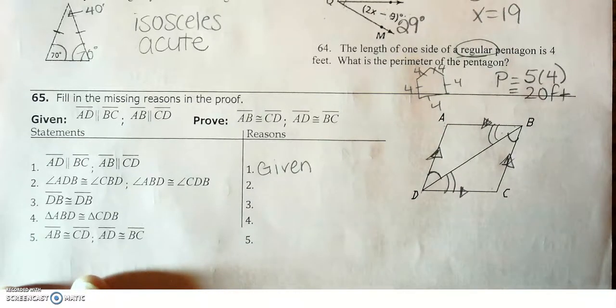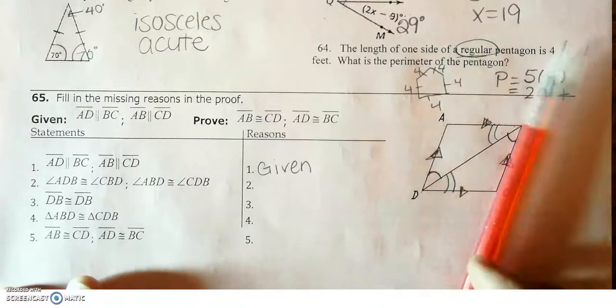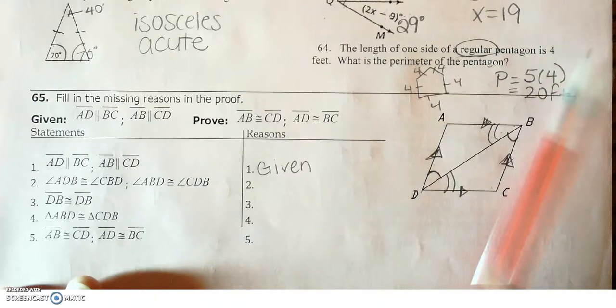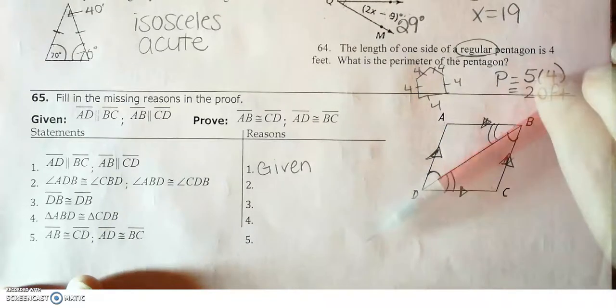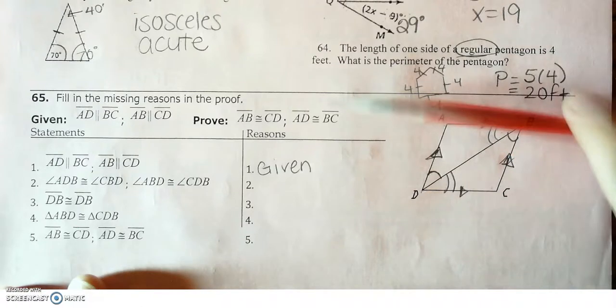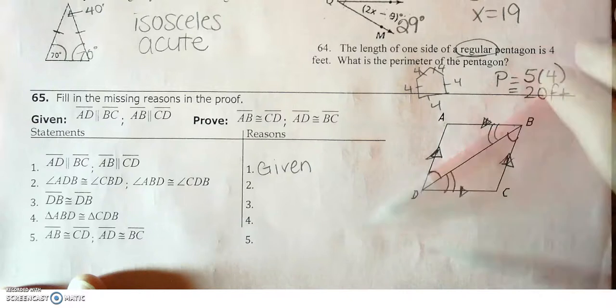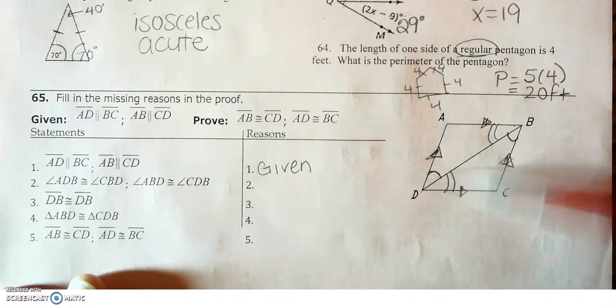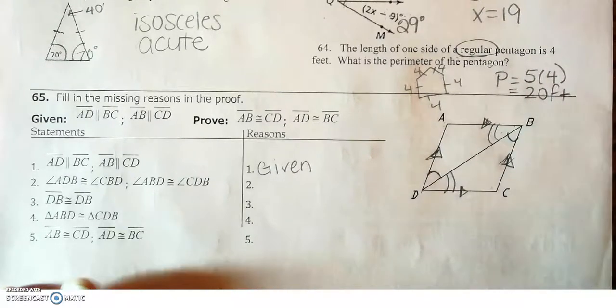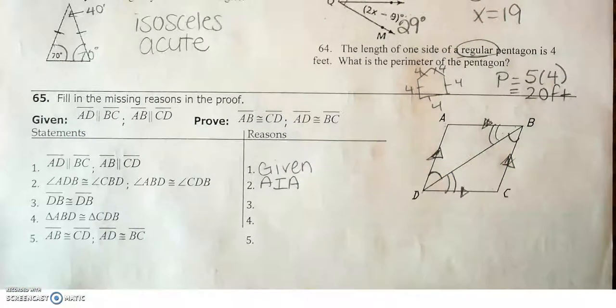Well, if you look at the two sides, AD and BC, DB would be a transversal. You have this set of alternate interior angles. If you look at AB and DC, also parallel, with the same line as the transversal, here I get the two angles that I put the double curves on. So both of these, the reasoning would be that these are alternate interior angles. So I'm just going to abbreviate that.